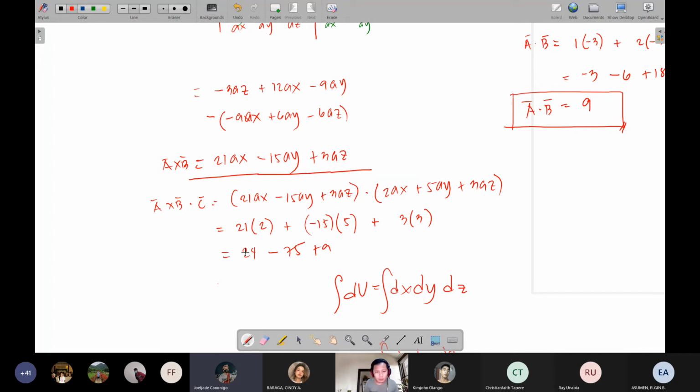Oh, 21 times 2 is 42, my goodness. This should be 42. Okay, so 42 minus 75 plus 9 is negative 24. Okay, so A cross B dot C, you have your final answer.